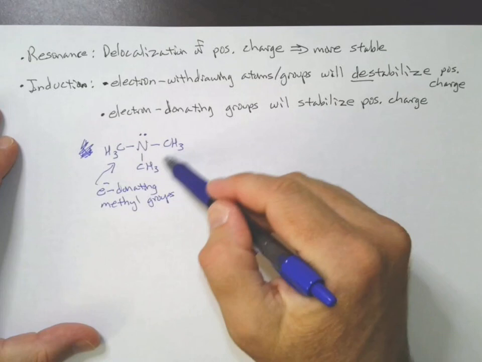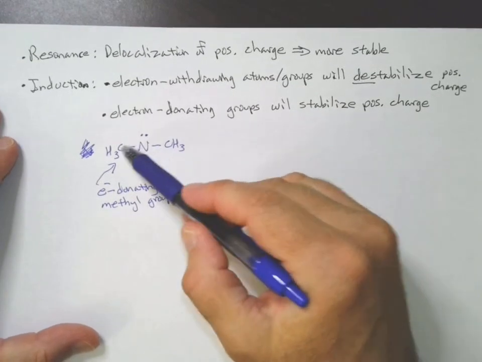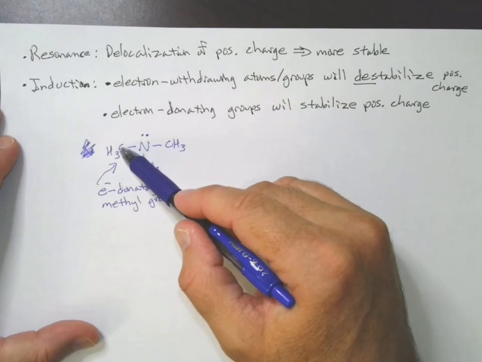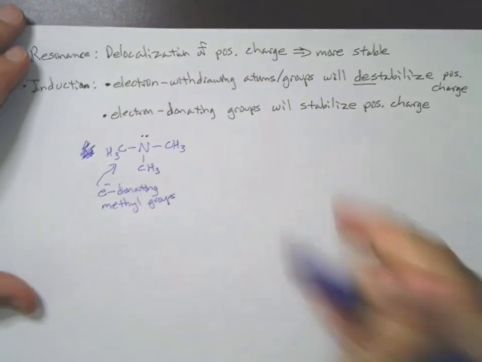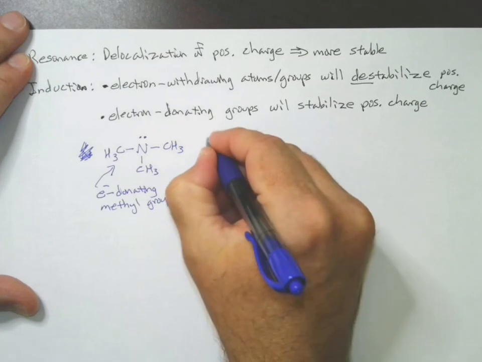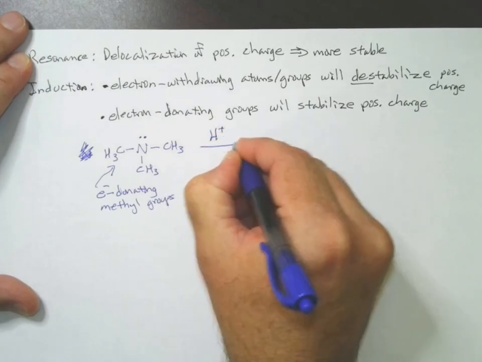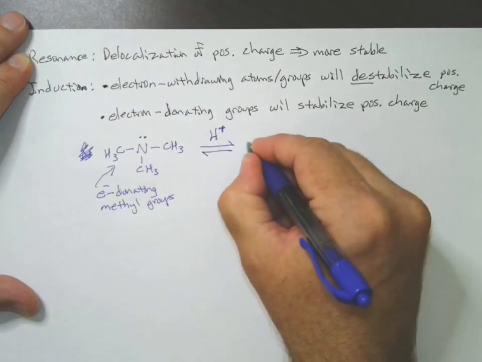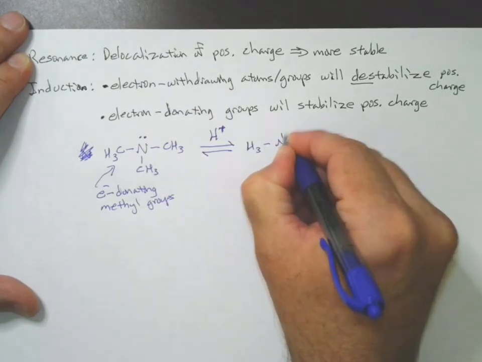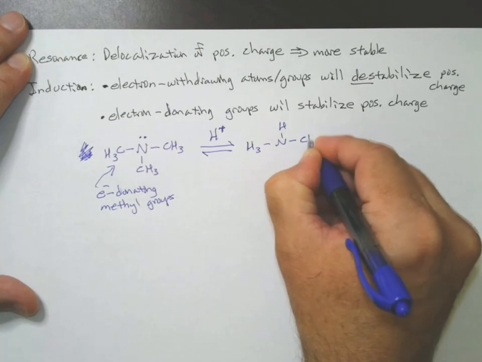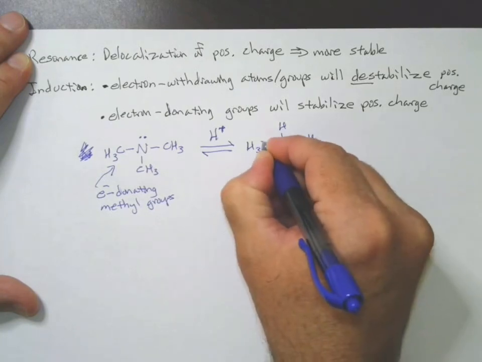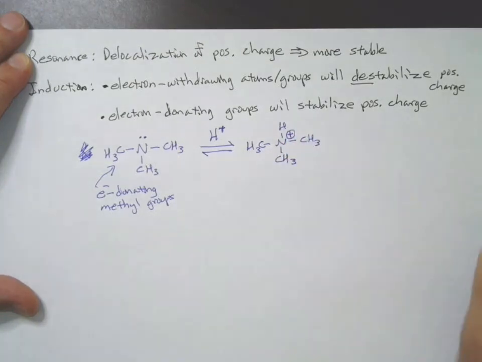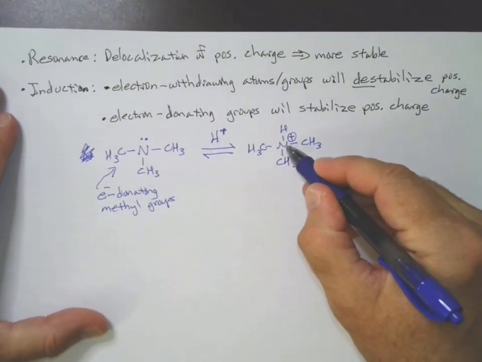So the methyl groups here have electron density from the carbon that actually could be donated to help stabilize the positive charge on the nitrogen.